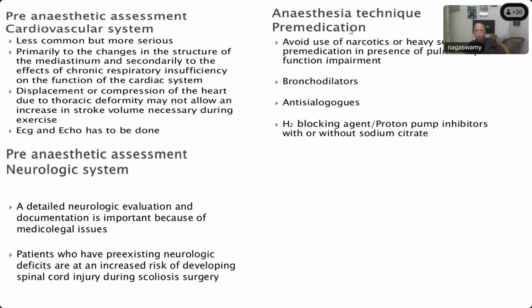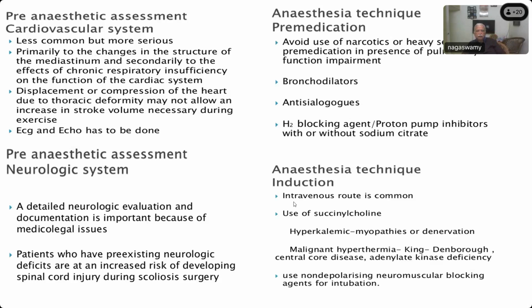And for pre-medication, avoid narcotics or heavy sedation if the patient has got an impaired respiratory function. You can give them bronchodilators, anti-sialagogues, and also anti-aspiration prophylaxis. Anesthetic technique, intravenous injection is common, and you can use dexamethasone, but in cases of any muscular dystrophy, avoid that.